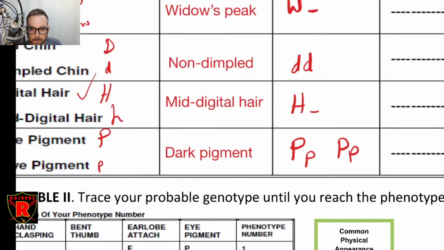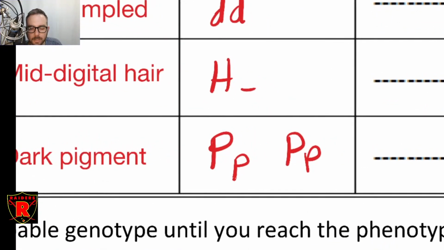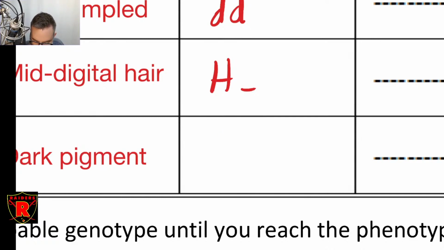Okay, so I have dark pigment, which means I have capital P. P's are, again, not recommended because capital P and small p look very different. So I have dark pigment, but I don't actually know the second allele, so mine would actually be big P blank, because it could be big P, big P, or big P, little p. Both of those would show as dark.